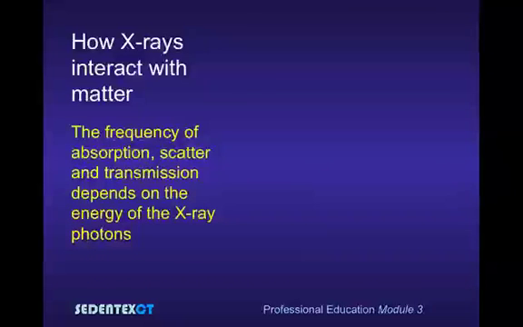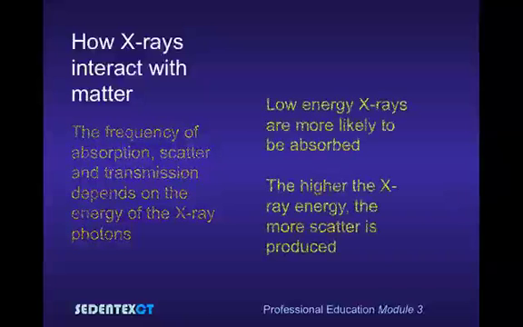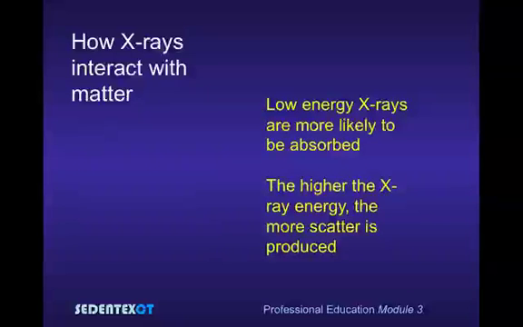As we said, the frequency of the interactions between X-rays and matter depends upon the atomic number, but it also depends upon the energy of the X-ray photons. Low energy X-rays are more likely to undergo absorption, whereas higher energy X-rays produce more scattered radiation.